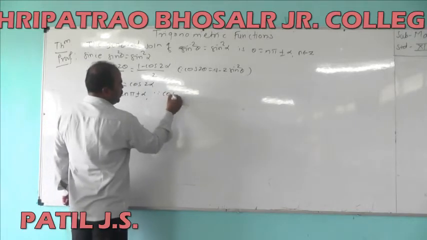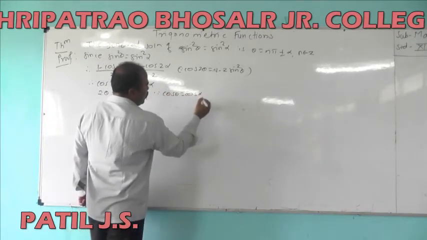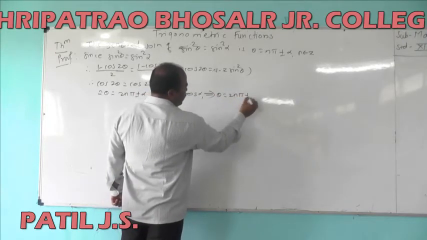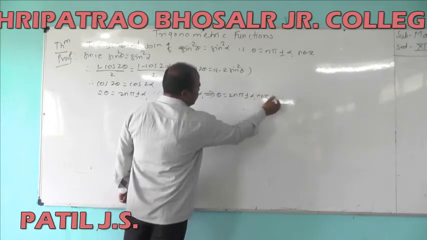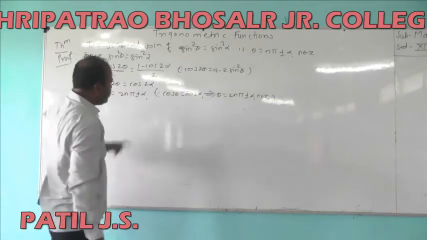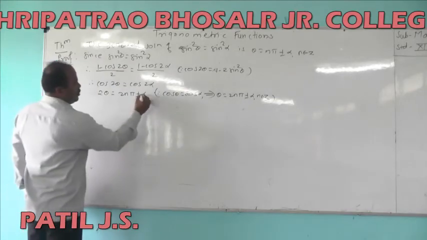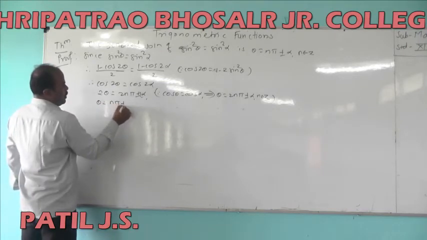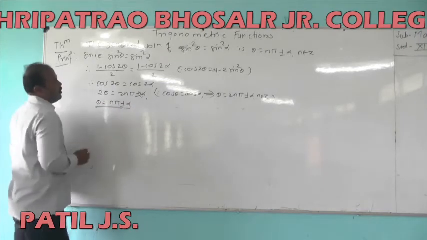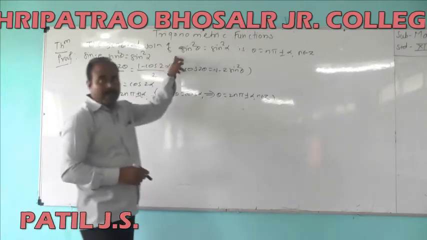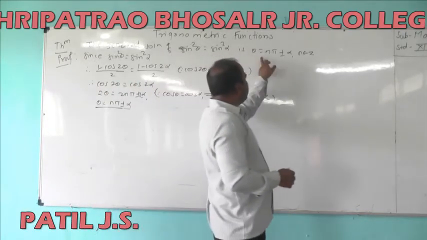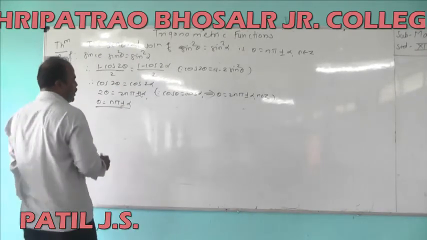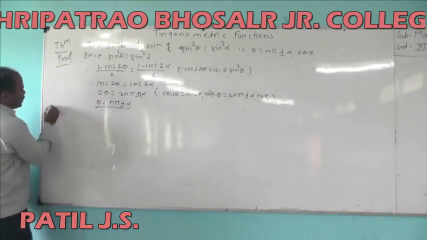Since using cos theta is equal to cos alpha implies that theta is equal to 2n pi plus or minus alpha, n belongs to Z, this is the result. Therefore theta is equal to n pi plus or minus alpha. Hence sin square theta is equal to sin square alpha implies theta is equal to n pi plus or minus alpha. This is the first theorem.